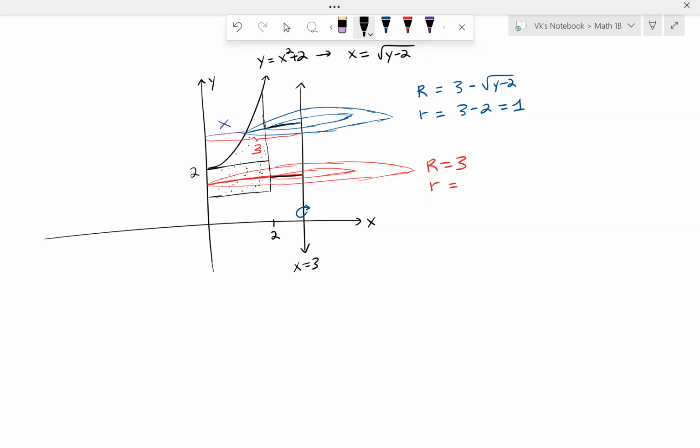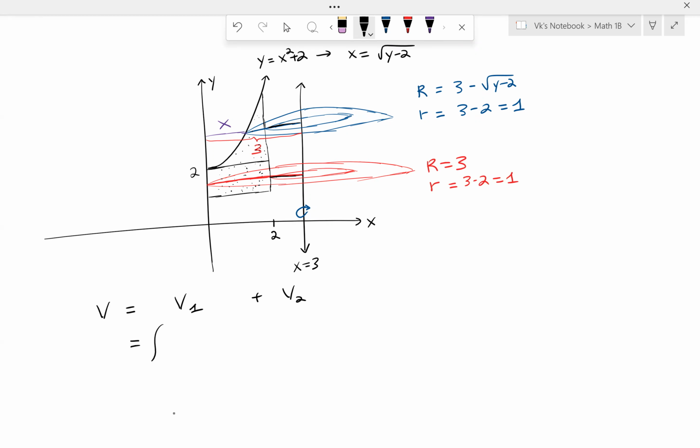That is the distance of exactly 3 minus 2, which is 1. Once we have this, we can set up the volume. So the volume is volume 1 plus volume 2.